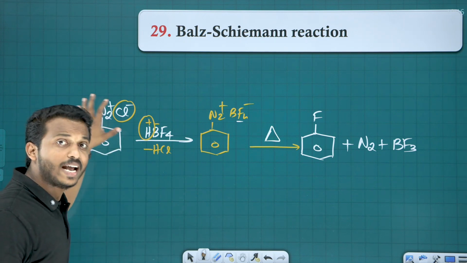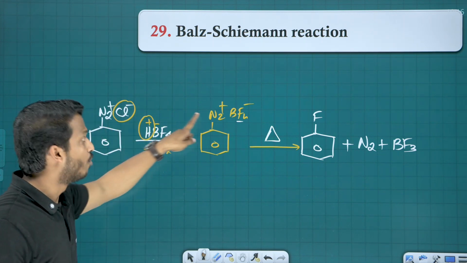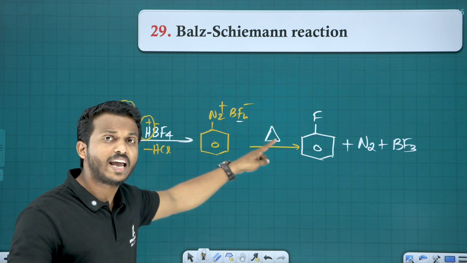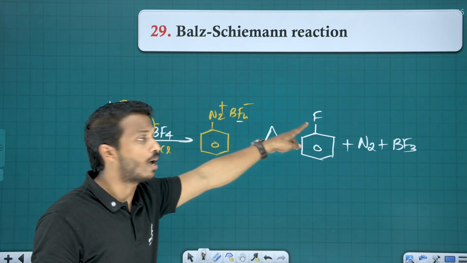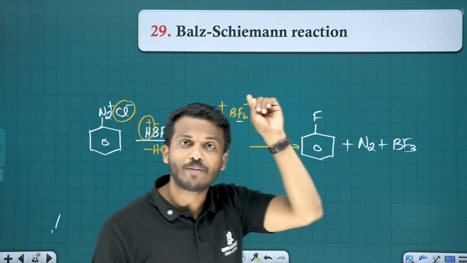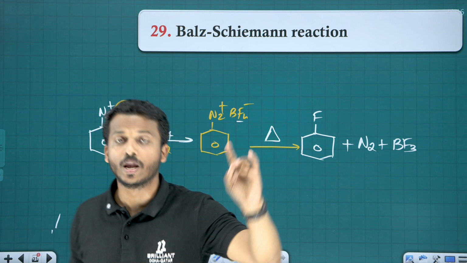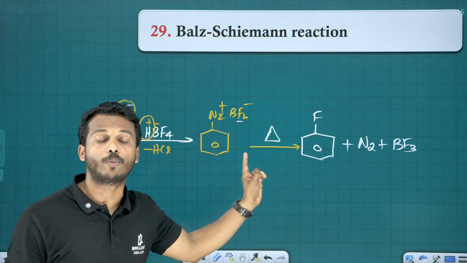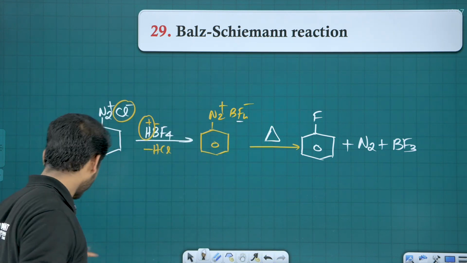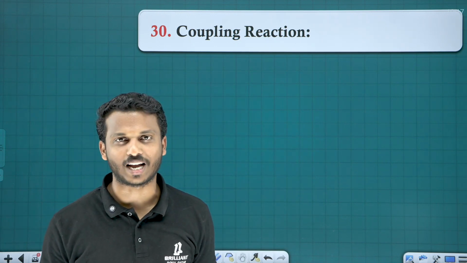So when benzene diazonium chloride reacts with fluoroboric acid, first you get this salt. Once you heat it directly, 1 fluorine comes to benzene, and you get fluorobenzene. Through Sandmeyer and Gattermann, we can prepare only chlorobenzene and bromobenzene. But Balz-Schiemann is used to prepare which one? Fluorobenzene.